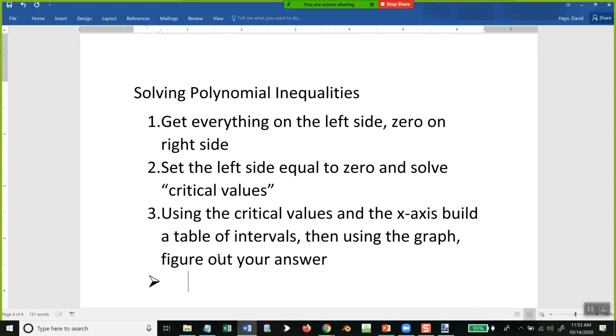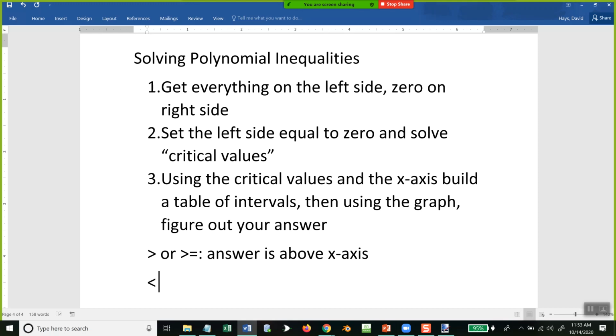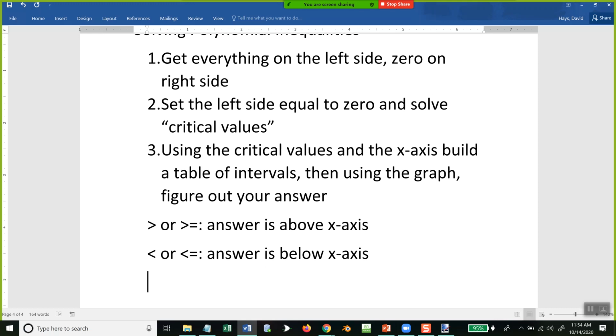If you got a greater than or greater than or equal to, the answer is above the x-axis. If you got less than or less than or equal to, your answer is below the x-axis. If you got less than or greater than, you're going to use parentheses. If you got less than or equal to or greater than or equal to, use brackets.